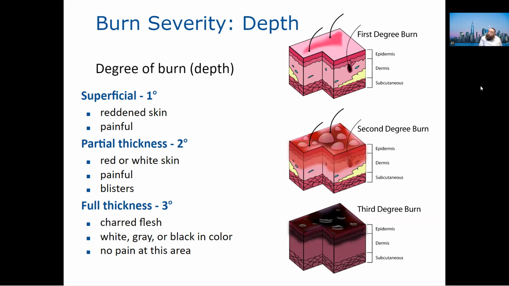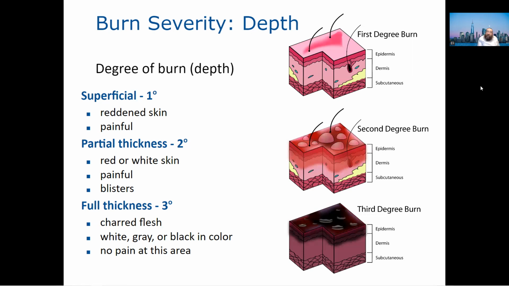You don't pop them ever. Okay? We'll talk about treatment soon, but let's understand 1st degree, redness. Nothing else. 2nd degree, redness and blisters. Remember, you'll always have every lower degree accompanying the one that you're most concerned about.